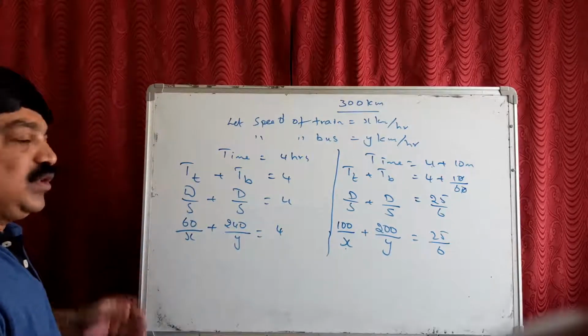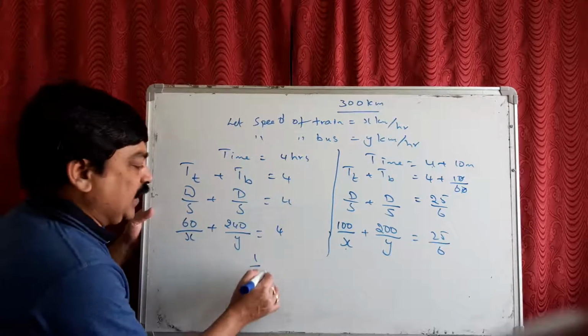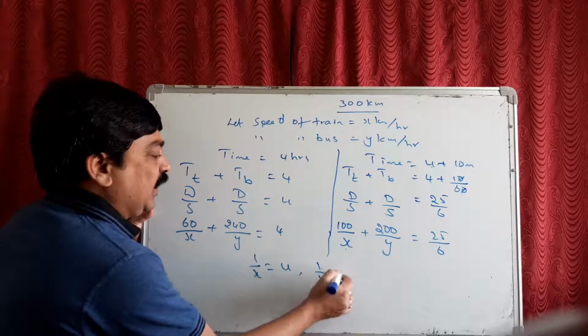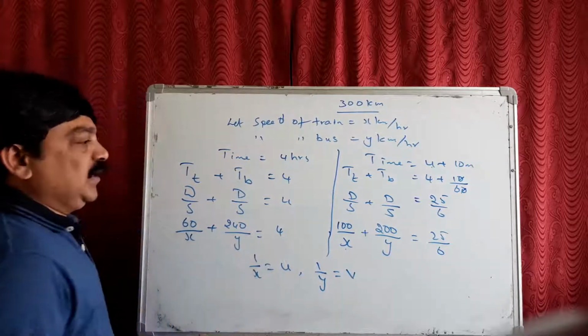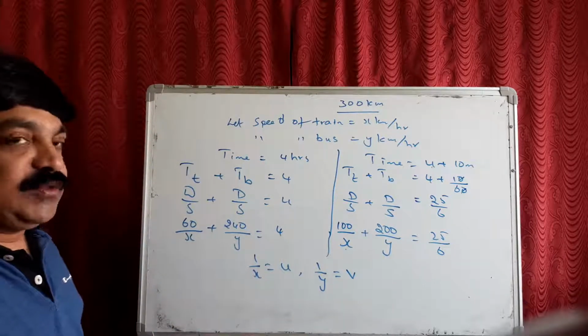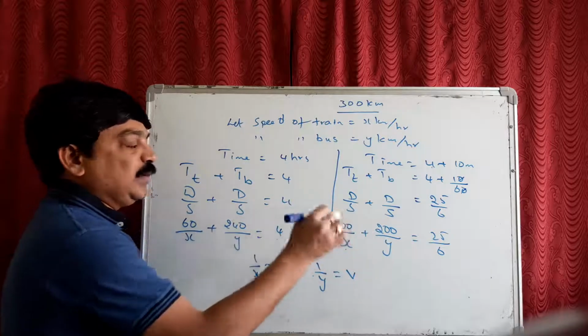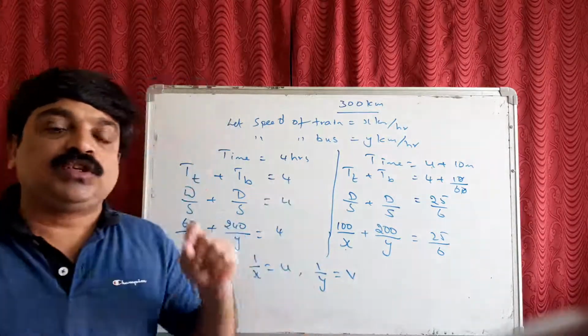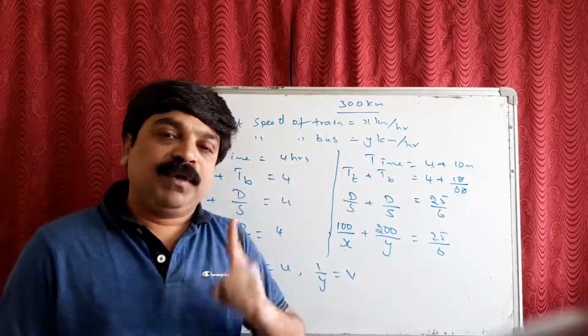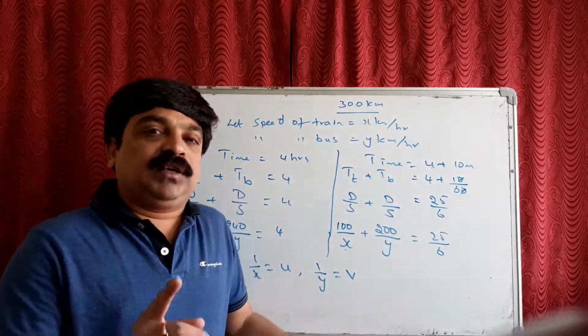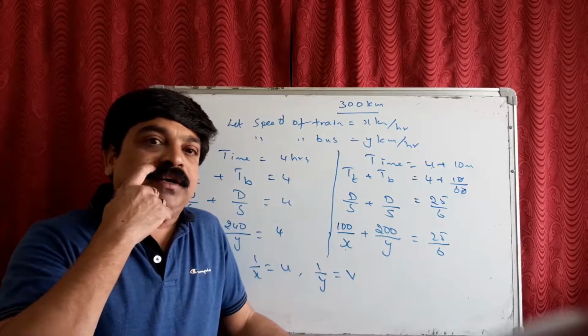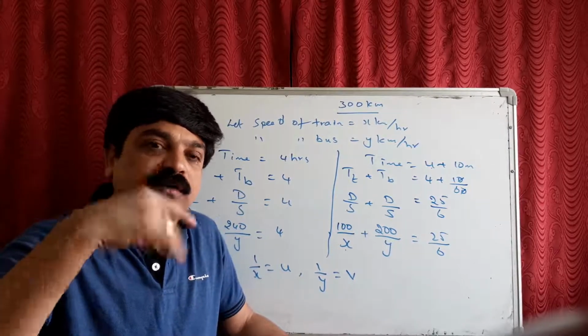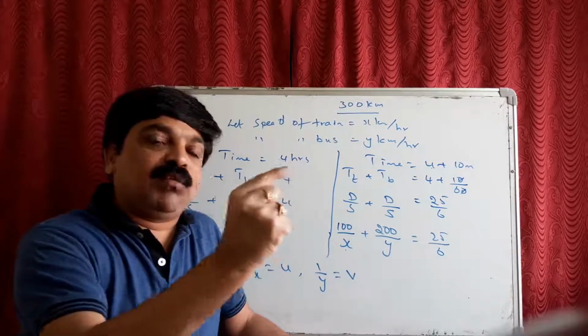Okay. Now how to solve this? By taking 1 by x as u and 1 by y as v. See, if you compare the previous problem and this problem, the right hand side is the same. But when you do the problem of work done, the right hand side also should be converted for 1 day. Be very careful, guys. The work done problems and the time, there are some other problems in quadratic equations, the pipes filling the water tank.